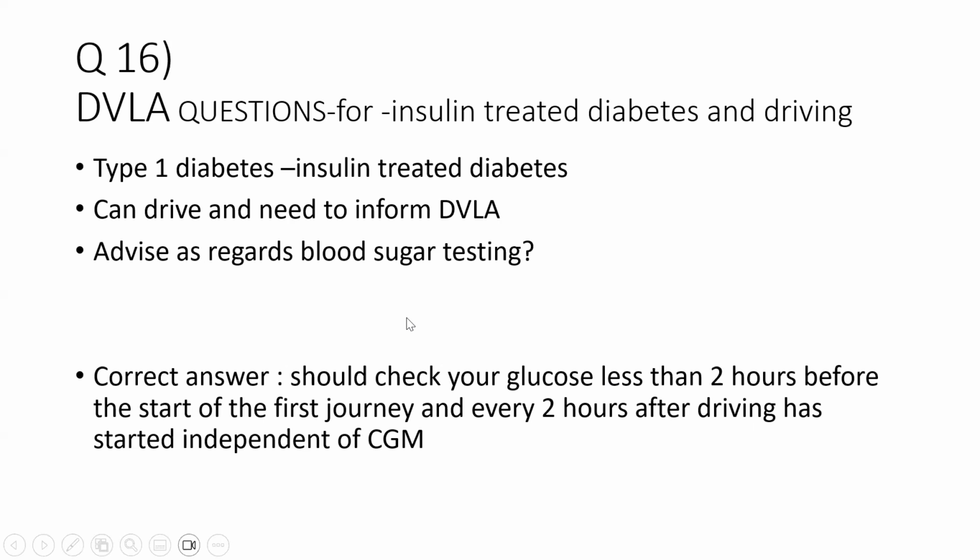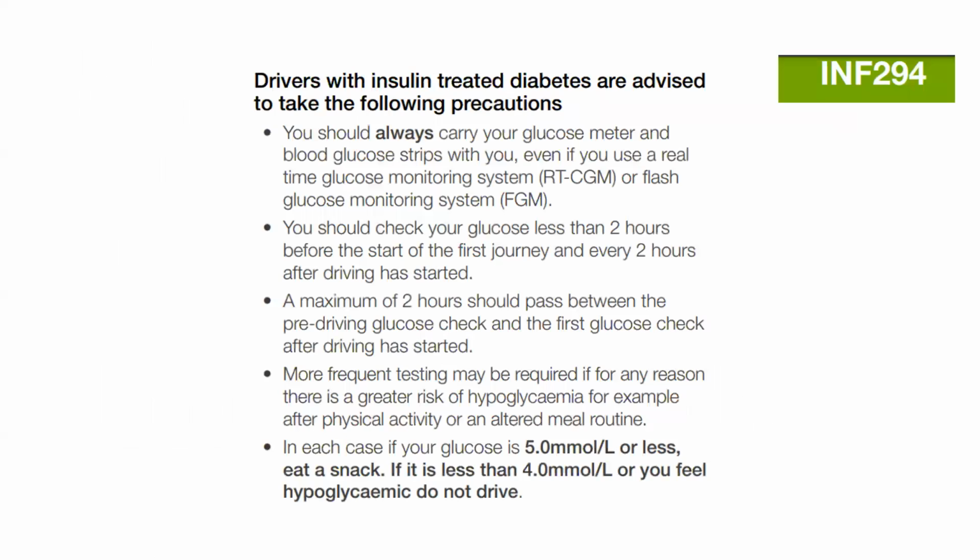So this is extremely important. There are various points which I'm going to go through in the next slide, which are extremely important to note from the exam perspective, for answering all the DVLA questions.